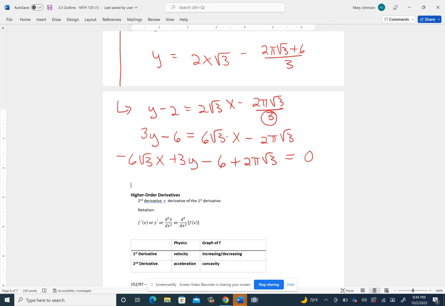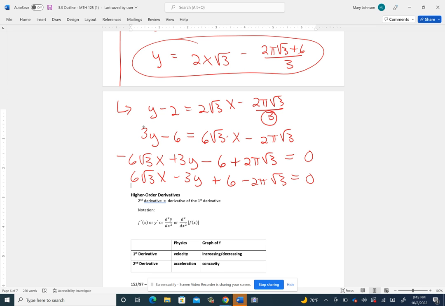And then I like my x term to be positive, so I'll go through. Oops, that should be minus right there. So that's probably how you'll see it in the back of the book. This would be the slope-intercept form, not particularly pretty. This would be another okay way to leave it, which is called the general form.